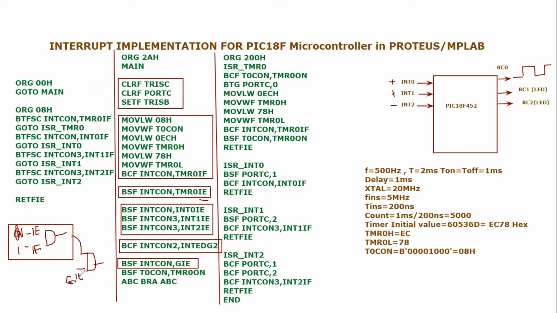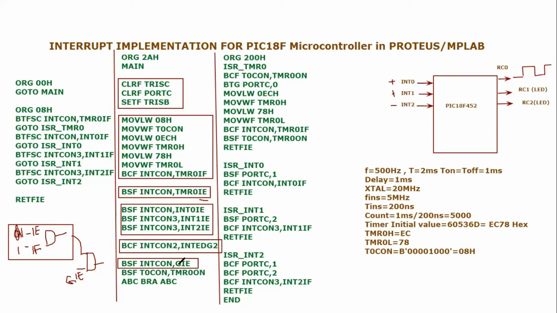So you have to make this bit 1 again. So what I'm doing in this code is bsf interrupt control comma GIE. That means I'm making that bit 1. So now if any of the interrupts arrive, provided that their individual enables were high, they will actually proceed to the microcontroller because globally interrupts are enabled, and that is GIE, global interrupt enable.